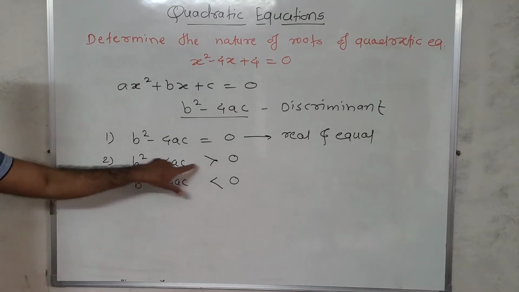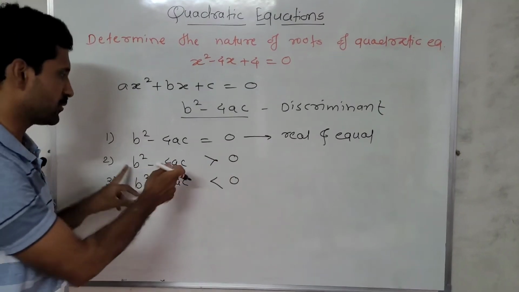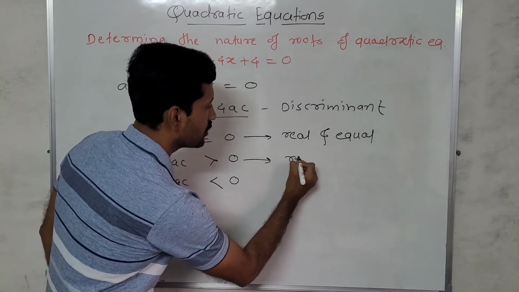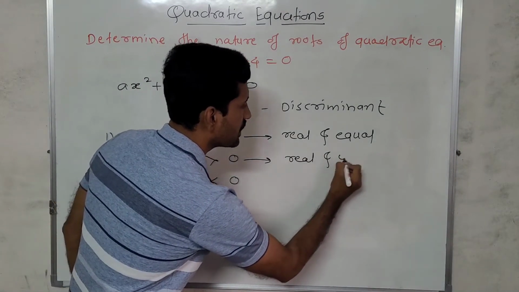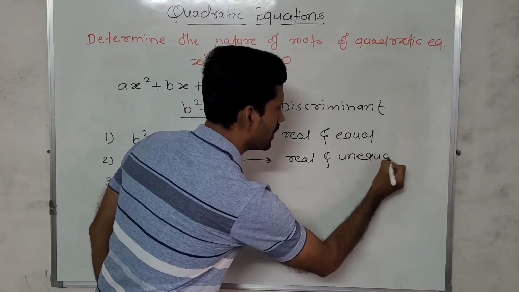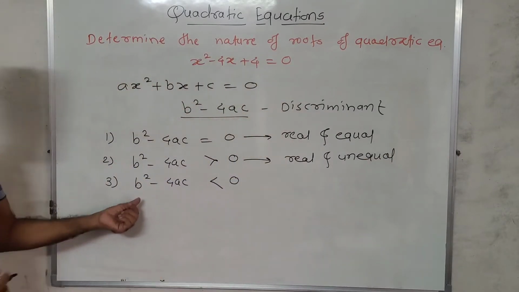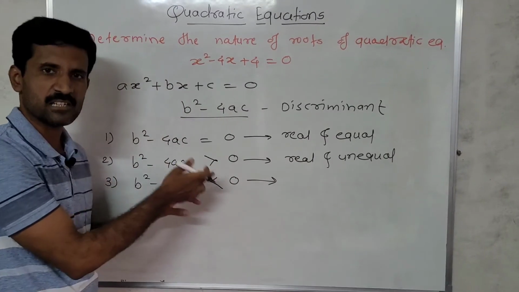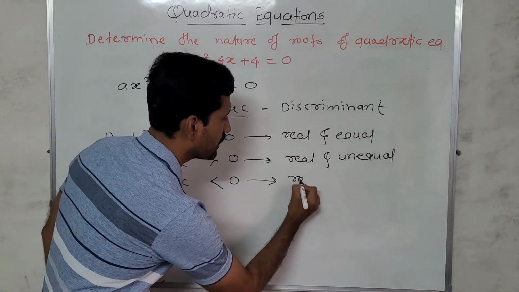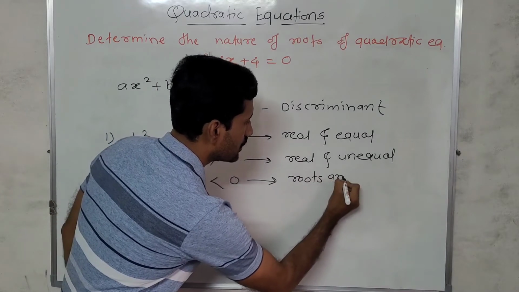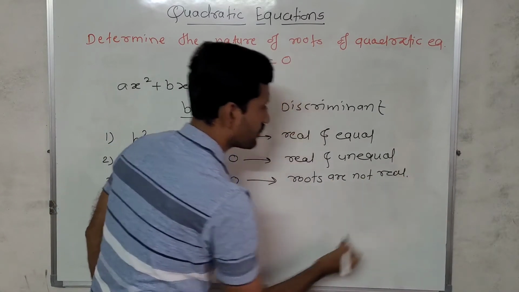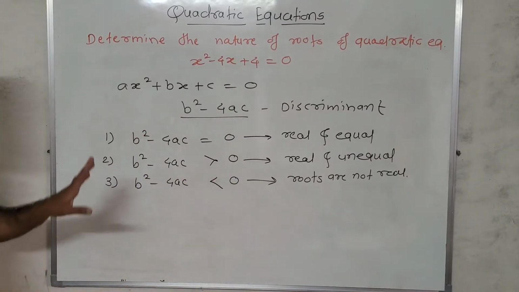If b square minus 4ac is greater than 0, that means if it is a positive number, then the roots are real but they are unequal. And the last value, if b square minus 4ac is less than 0, that is if it is a negative value, then the roots are not real.